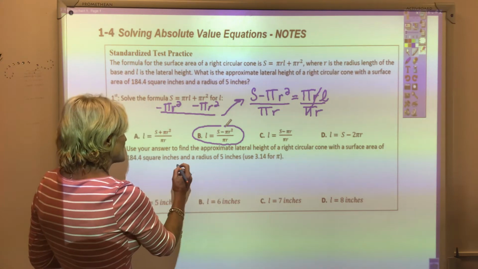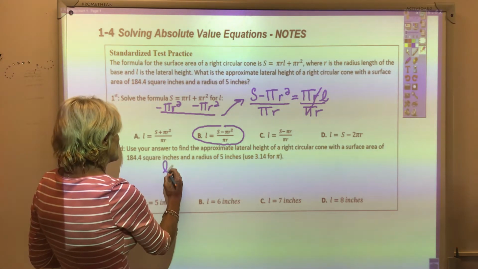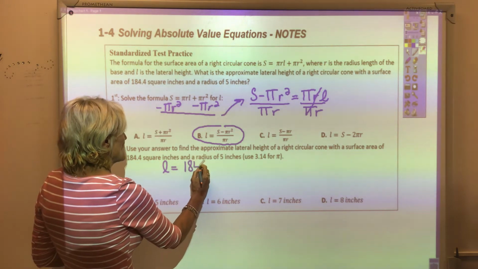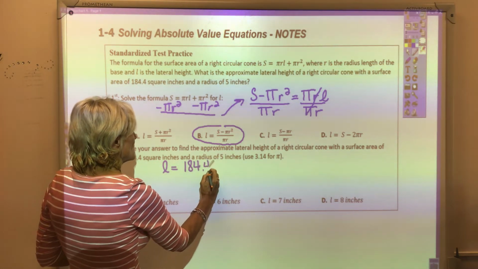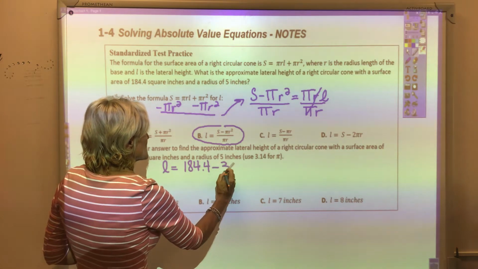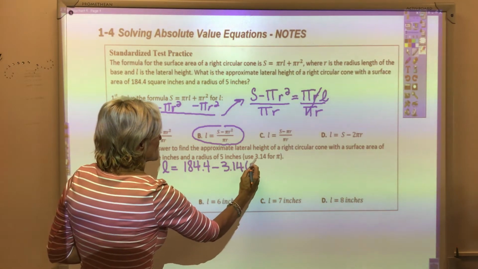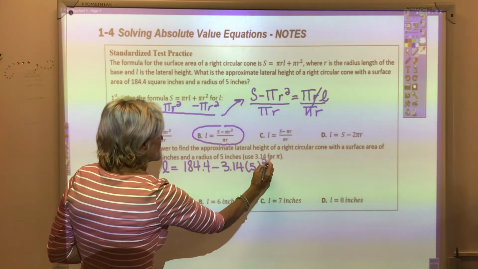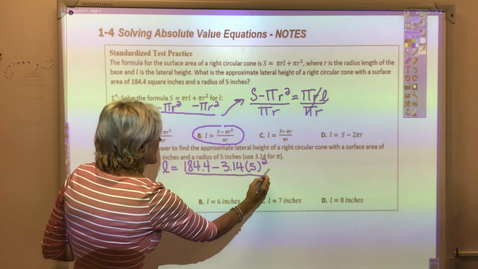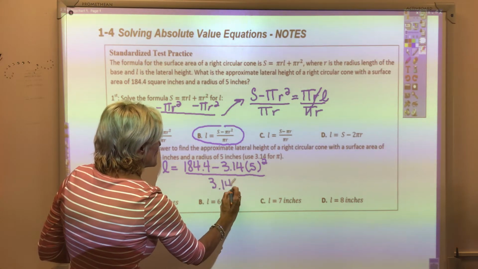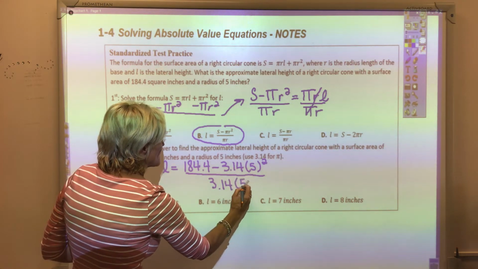So we will set this up as L equals 184.4 minus 3.14 times 5 squared, divided by 3.14 times 5.